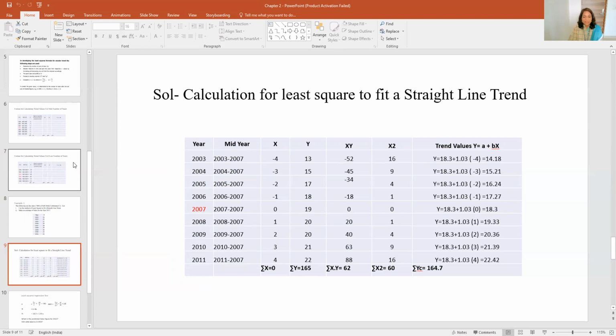As it is 9 years of data, the middle will be the 5th year, that is 2007. So the X value is marked as 0 for 2007. Above 2007 it will be minus 1, minus 2, minus 3 and minus 4. Below 0 it will be 1, 2, 3 and 4.